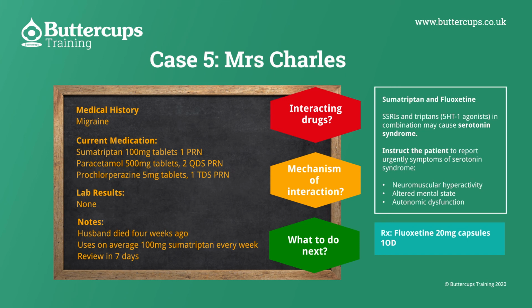Altered mental state. This may include agitation, confusion, or mania. And finally, autonomic dysfunction, including tachycardia, increased blood pressure, sweating, shivering, or diarrhea.